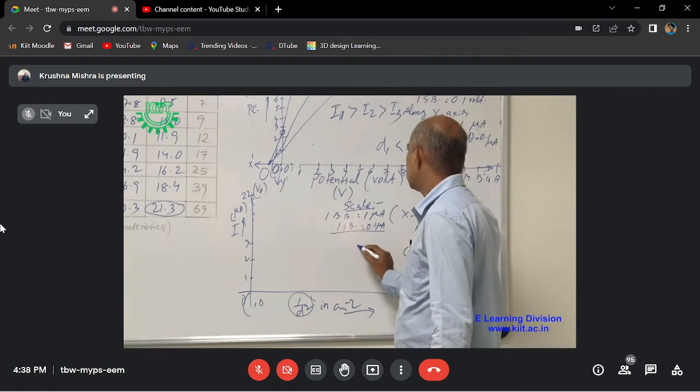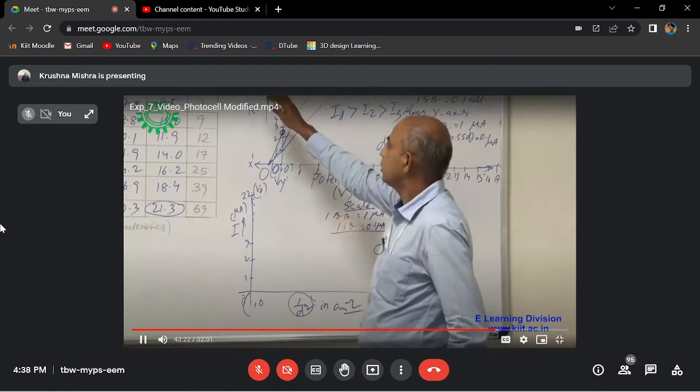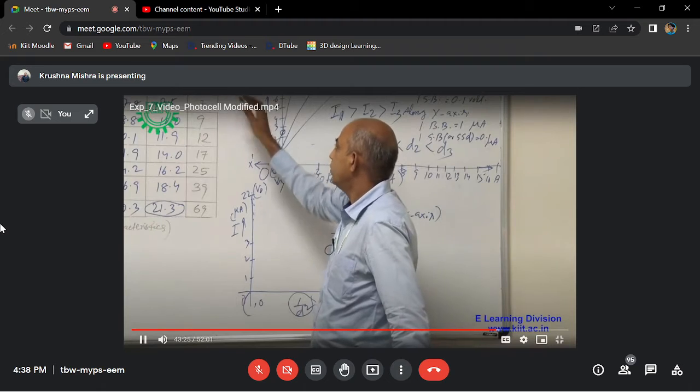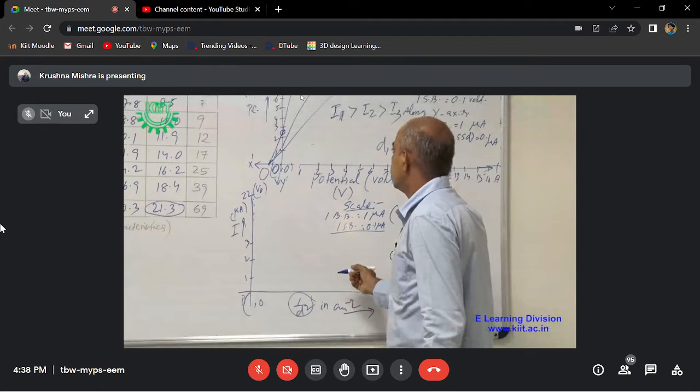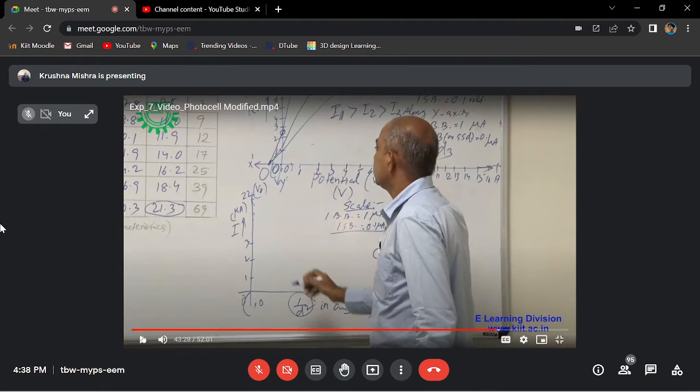Similarly, along the other axis we have to take 1 by d square. By mistake it showed 1 by d square along the y-axis. So you have to take 1 by d square along the x-axis and photocurrent along the y-axis.